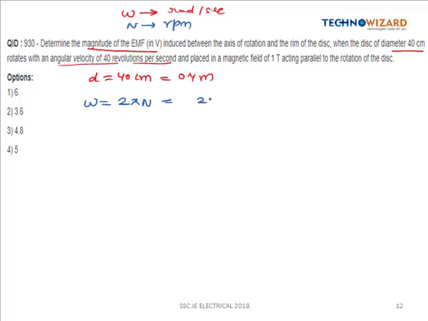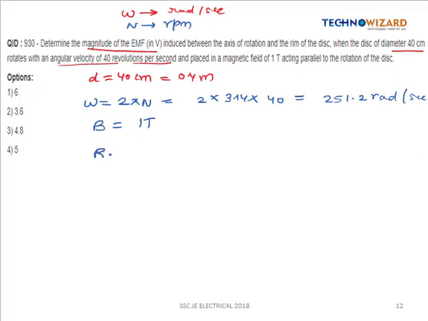This will be 2 into 3.14 into n, which is given as 40. So we obtain omega in radian per second. After simplification we get 251.2 radian per second. Also the magnetic field is given, which is 1 Tesla.